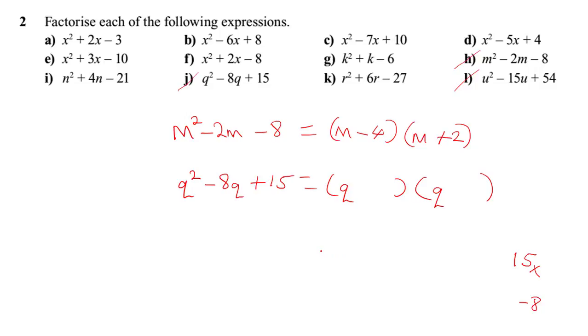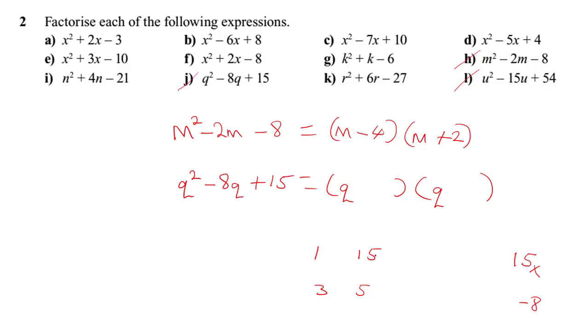They could be 1 and 15, or they could be 3 and 4. No, 3 and 5. So 1 and 15, or it could be 3 and 5. Those are the only two options.